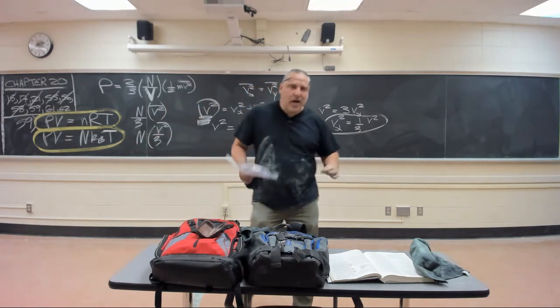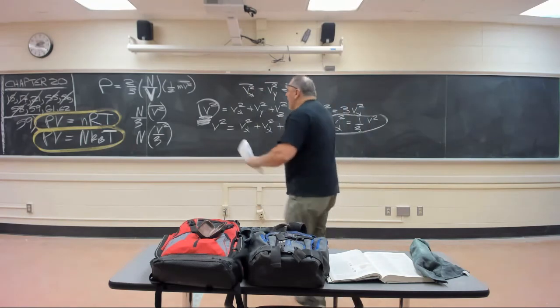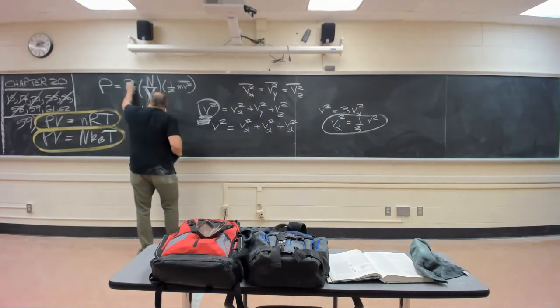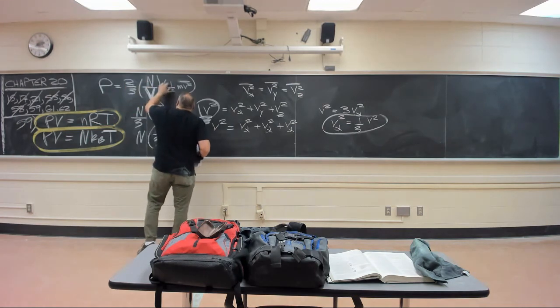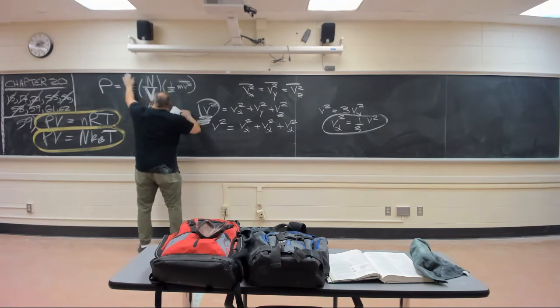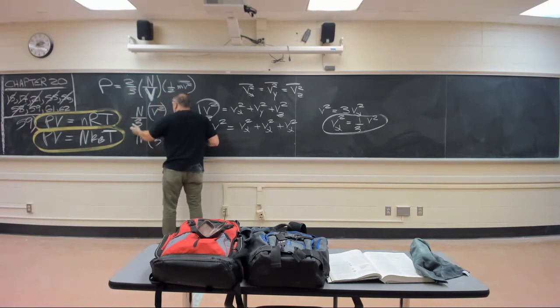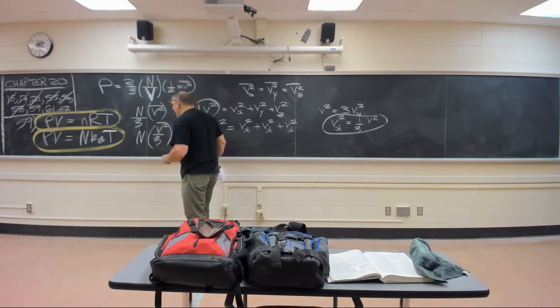I've kind of gone into that in the past. For our purposes, we're not, but that's where that's coming from. And the two right here came out because there was not a 1/2 over here. There was not a half and not a 2, just the 3 underneath. Either 1/3 of all the particles colliding very, very hard in the x direction, or 1/3 colliding very hard in the y direction, or 1/3 colliding very hard in the z direction.